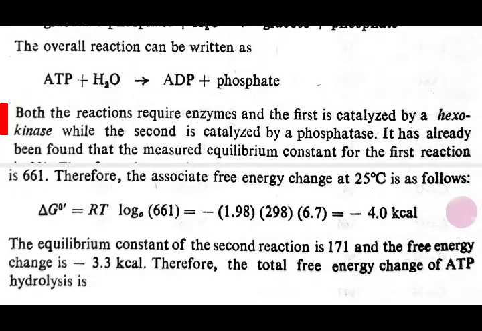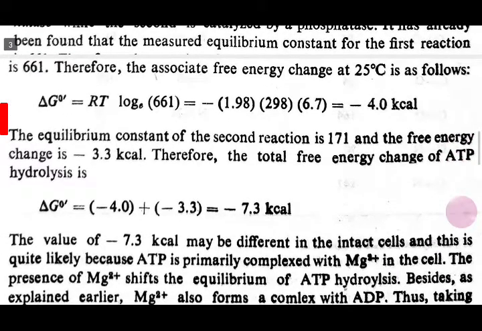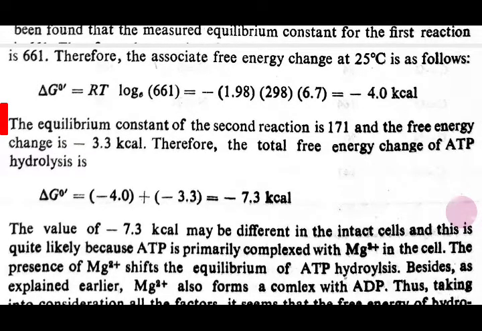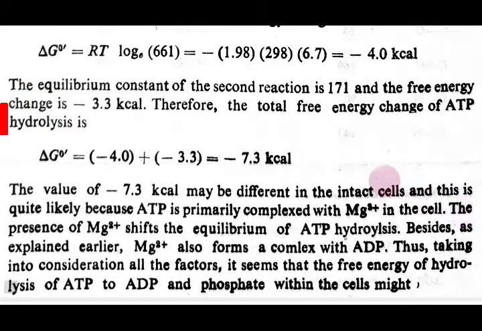The equilibrium constant of the second reaction is 171 and the free energy change is minus 3.3 kilocalories. Therefore, the total free energy change of ATP hydrolysis is equal to minus 7.3 kilocalories.